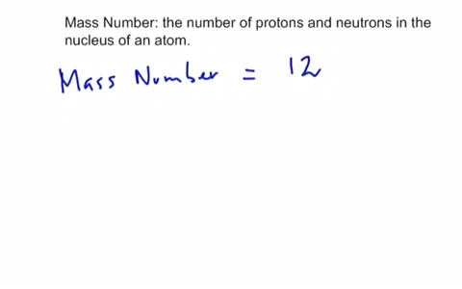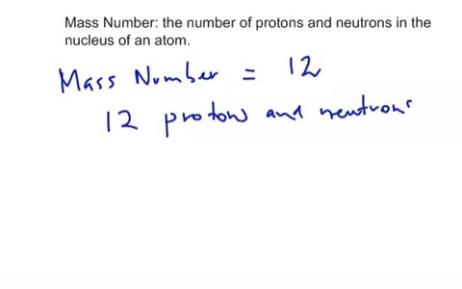The other term you need to be familiar with is mass number. The mass number of an atom is the number of protons and neutrons that it has in its nucleus. If an atom has a mass number of 12, this will mean it has 12 protons and neutrons in its nucleus. If you know the atomic number of this atom, you'll therefore be able to work out the number of protons it has, and therefore you'll also then be able to work out the number of neutrons that it has.